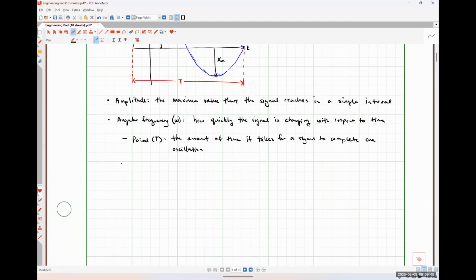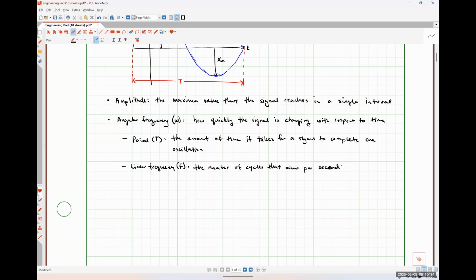Well, our period T is related to the linear frequency of our signal, commonly denoted by the symbol f. And our linear frequency is simply the number of cycles that occur per second.